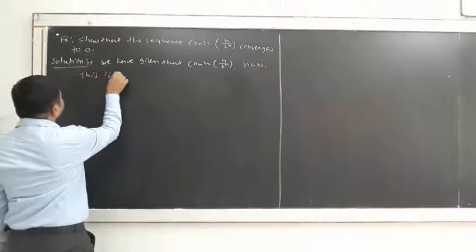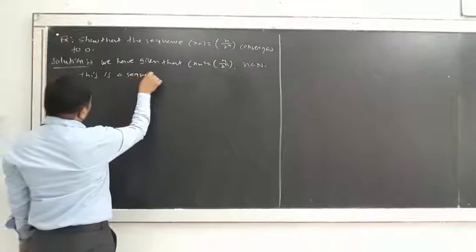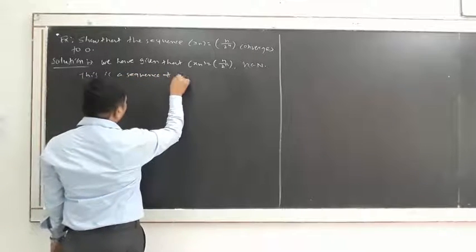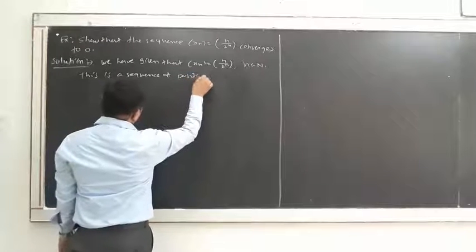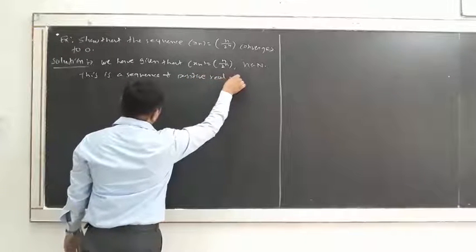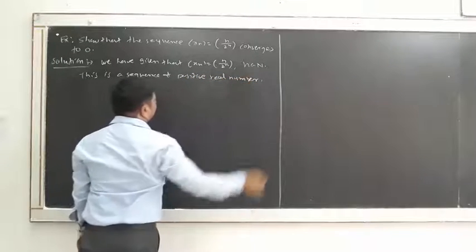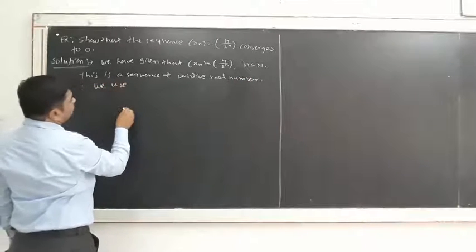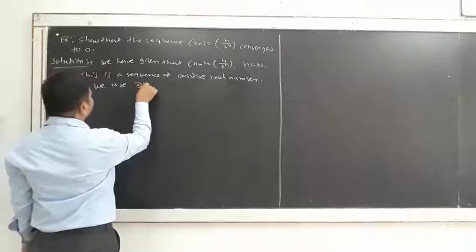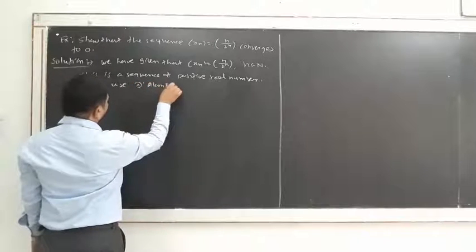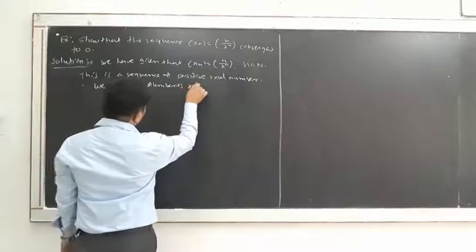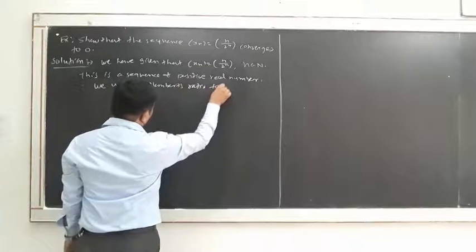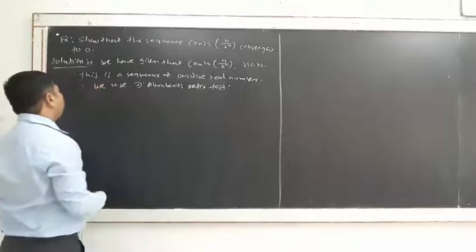This is a sequence of positive real numbers. Therefore, we use D'Alembert's ratio test.